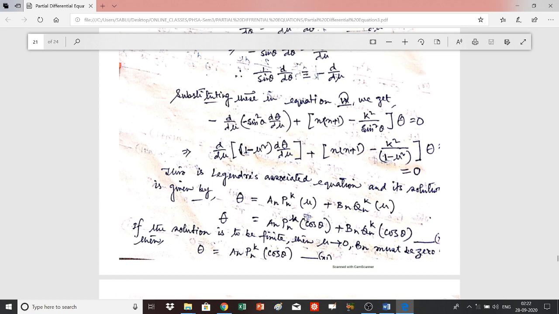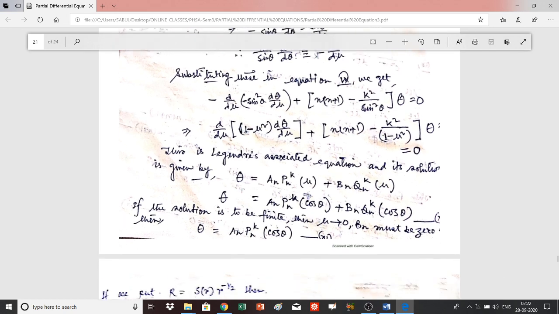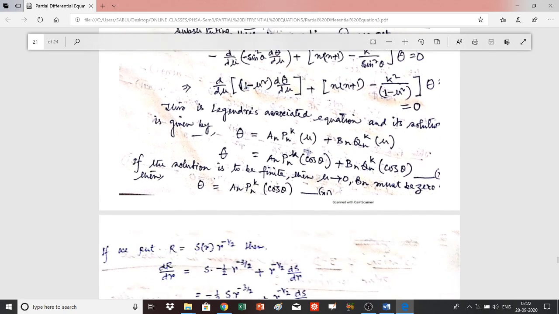Okay, and you know the solution. We have to go to the first chapter, in which I have derived the solution of associated Legendre equation that has the form like this. So here, using the boundary condition, you get theta is equal to this.